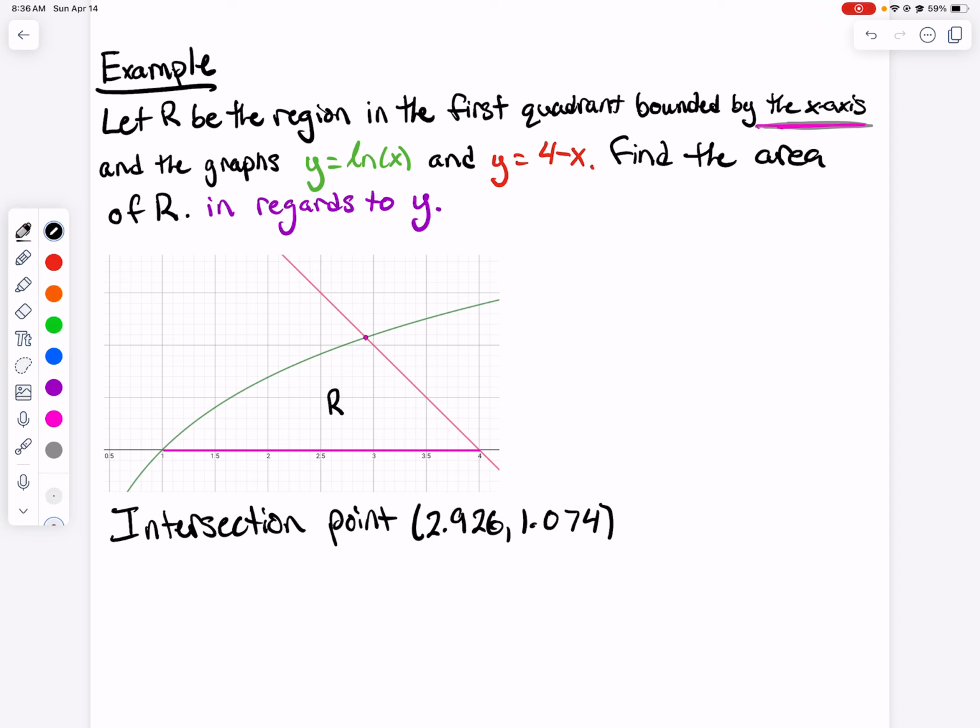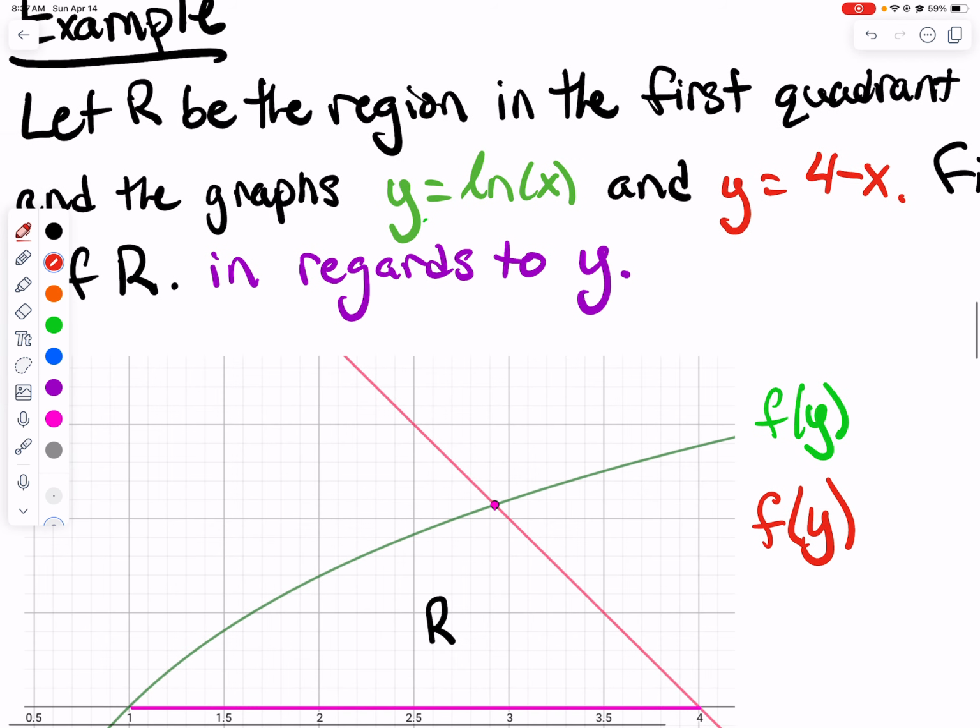Let's start by setting this up. Well, I have to do something first. Those two functions are in terms of f of x, or in terms of x. We have to figure out our equations for f of y in both cases, or solve for x. Well, let's solve for x. How do we get rid of ln x? We take the power of e on both sides.